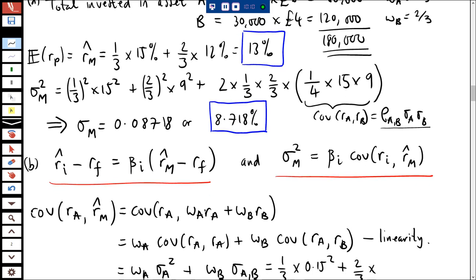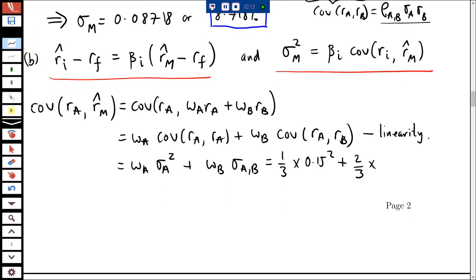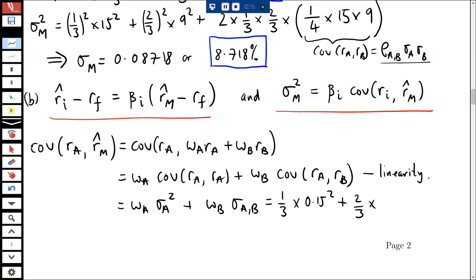Okay, so a quarter, 0.15, 0.9. So 0.09. Okay, which gives, again, a number crunching exercise, 0.00975. Okay, we're getting there. So we got that covariance.